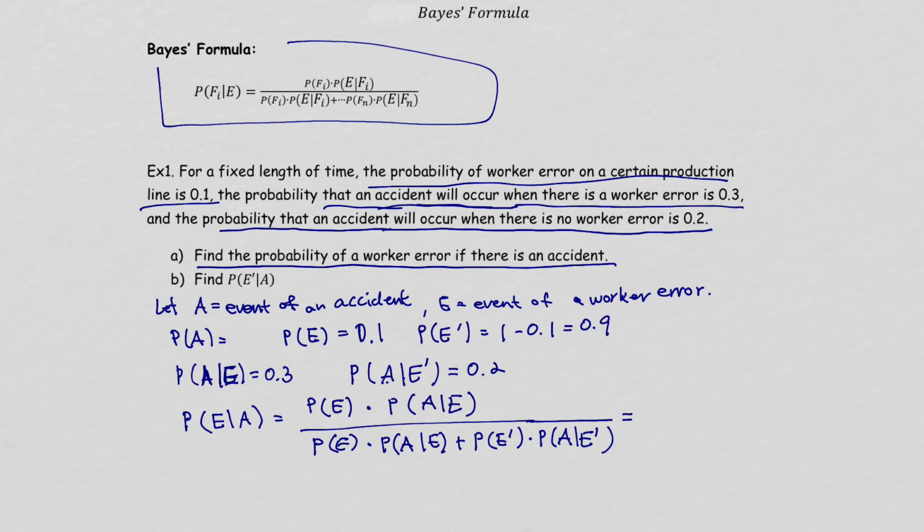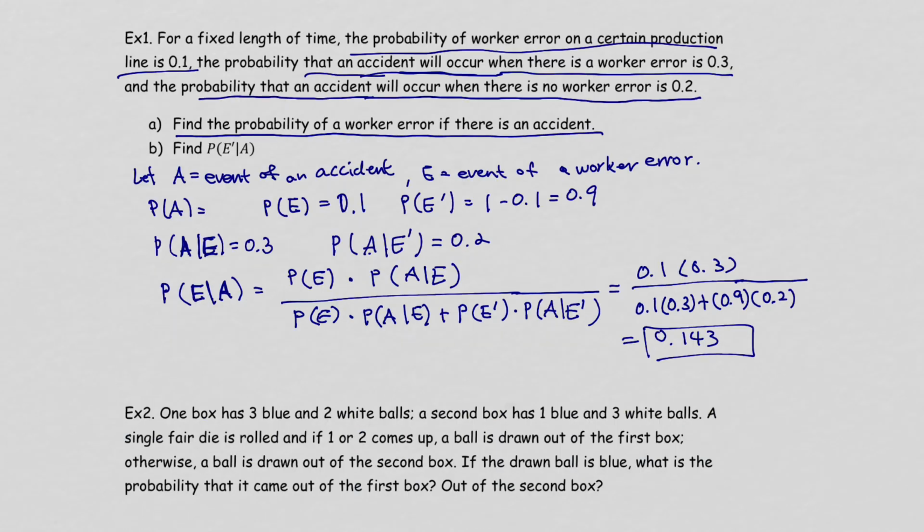Using the formula, this gives you 0.1 times 0.3 over 0.1 times 0.3 plus 0.9 times 0.2, which will give you 0.143 as the probability of E given A. And that's what they were asking. And that's A.